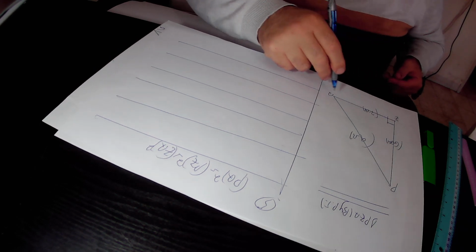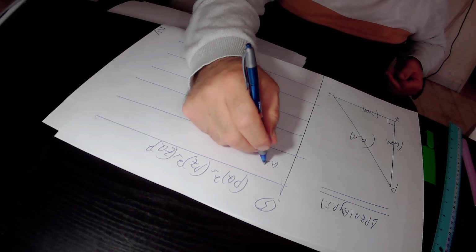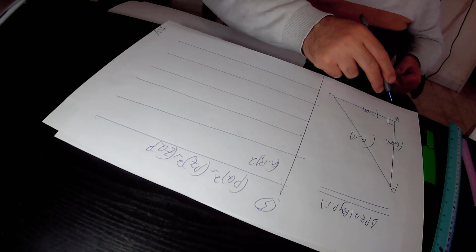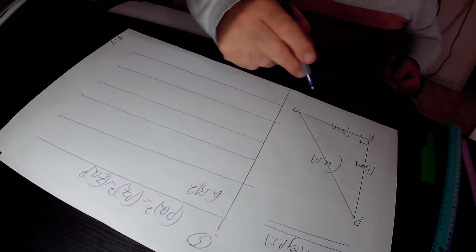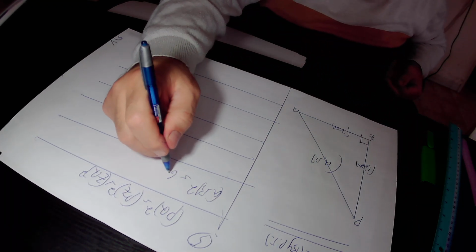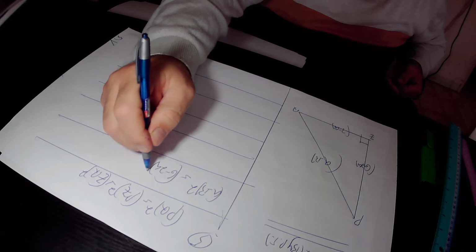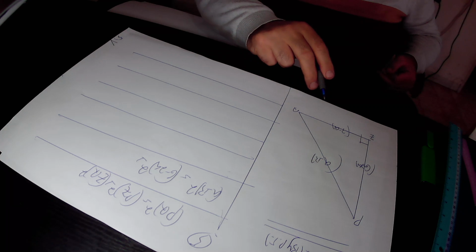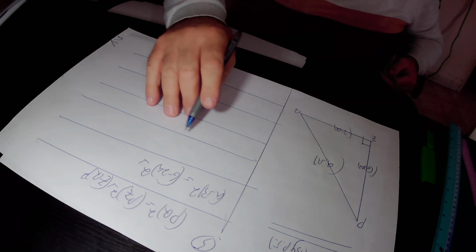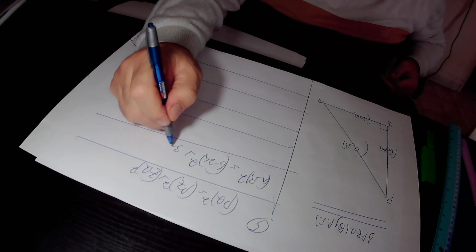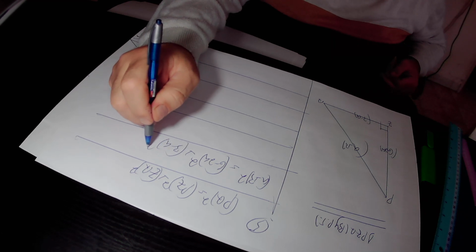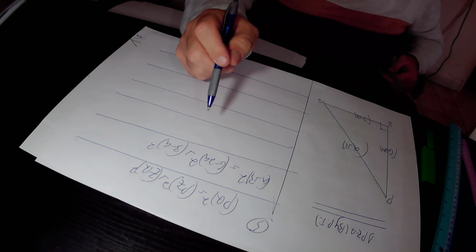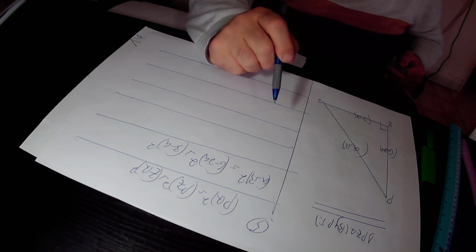PQ is A plus 3, therefore PQ square is (A plus 3) square, and it equals PZ square. PZ is 6 minus 2A, therefore PZ square is (6 minus 2A) square, plus ZQ square. ZQ is 3 minus A, therefore ZQ square is (3 minus A) square. So in conclusion, (A plus 3) square equals (6 minus 2A) square plus (3 minus A) square according to the Pythagoras theorem.